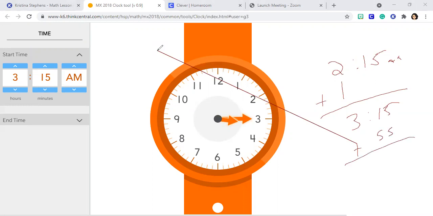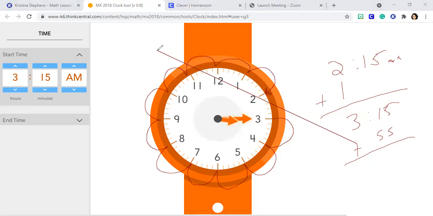So I'm going to skip count by 5s until I get to 55 to see where I end up. 5, 10, 15, 20, 25, 30, 35, 40, 45, 50, 55.